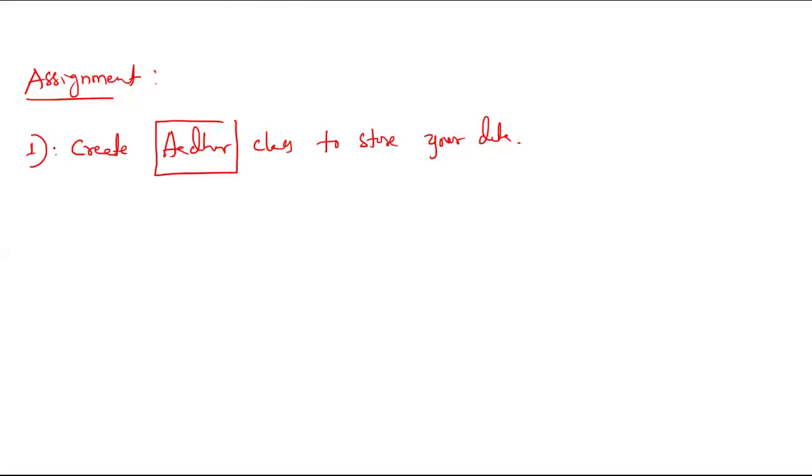Then what is the second step to do? Second step, create a test class or sample class of your choice with main method. This test class should have a main method. Then what is step 3?